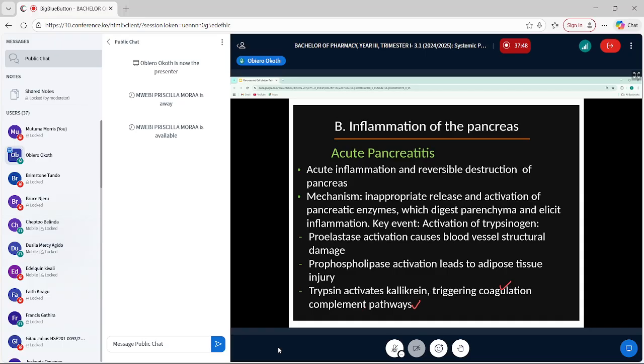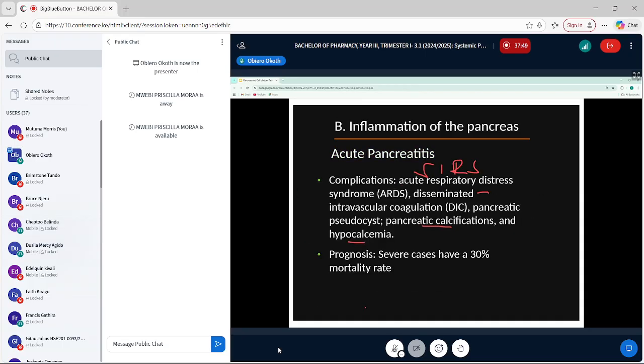But acute pancreatitis can, because it's going to now use up the calcium that is there, present with hypocalcemia. And prognosis can be very severe. In severe cases, 30% will die.